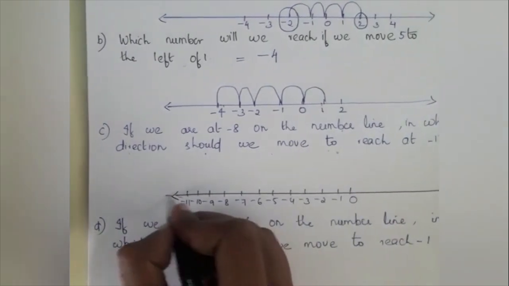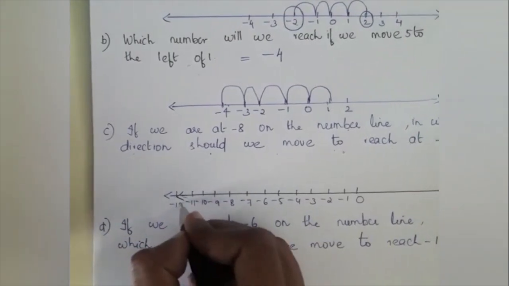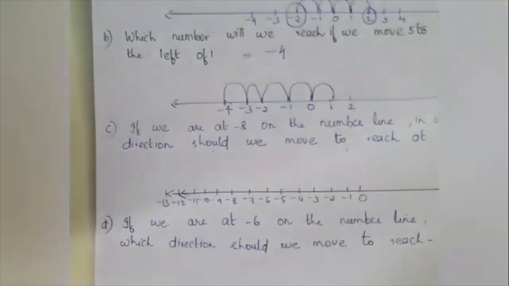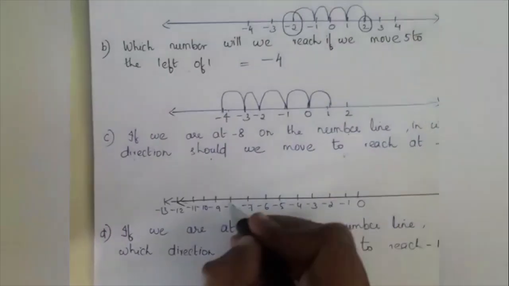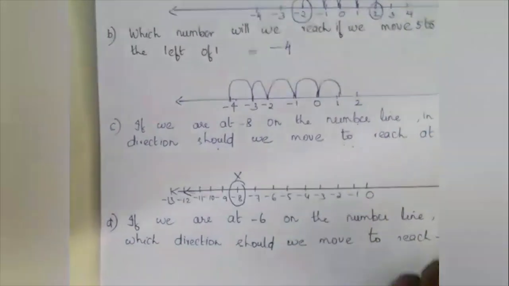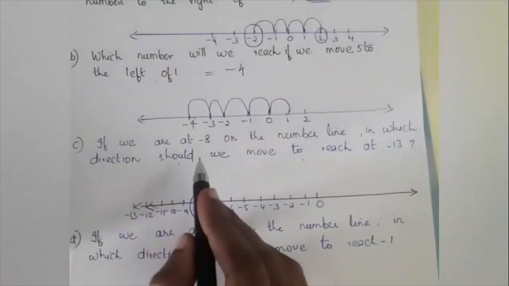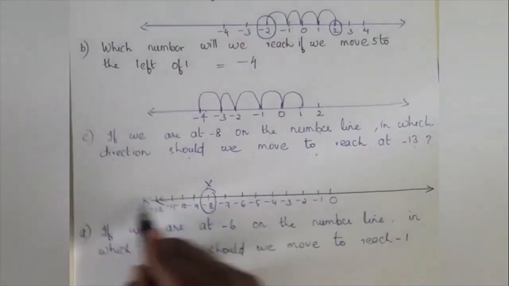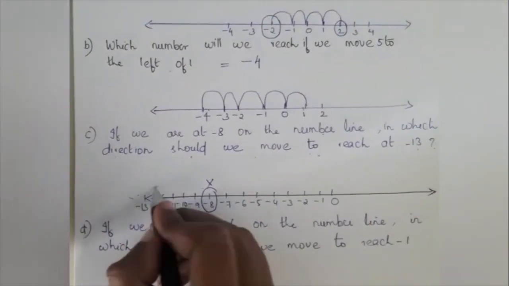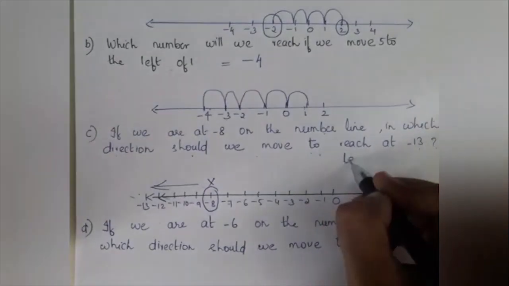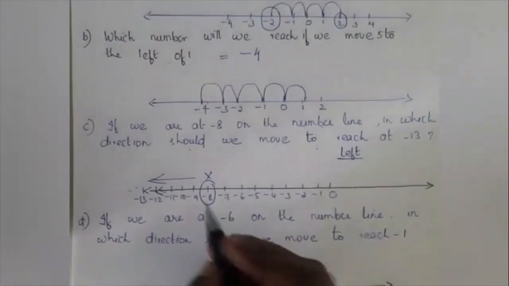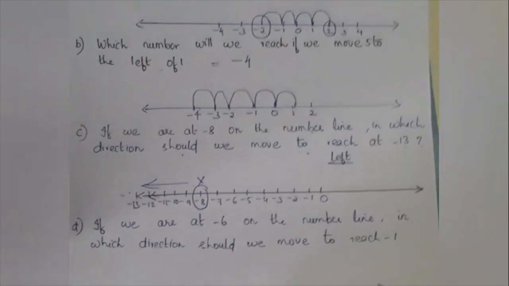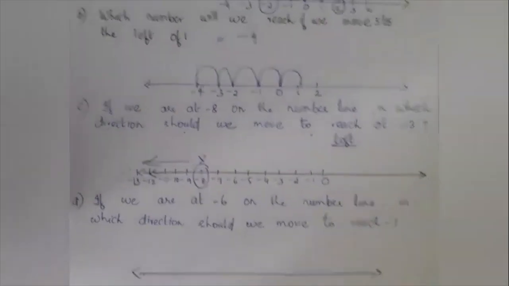Extend the number line, minus 12 and minus 13. So we are here now at negative 8. In which direction should we move to reach negative 13? We have to move towards the left direction. So hope that is clear for you.